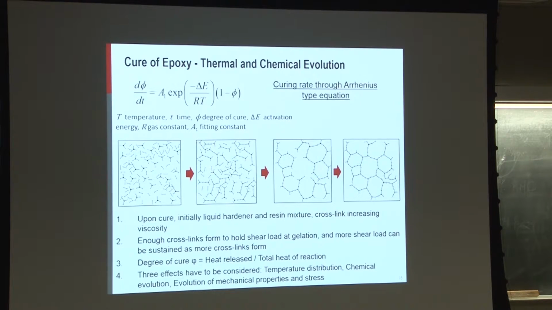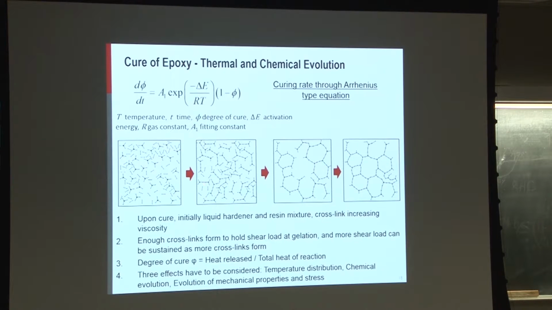Now, to explain how the curing occurs, we start with a mixture of hardener and resin, and at this stage, it's in the liquid form. With time, crosslinks form, and they can carry a shear load as crosslinks build. Finally, the cured material is a solid material when all the crosslinks have formed in the polymer.